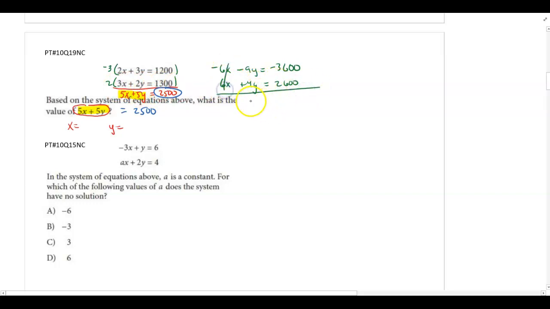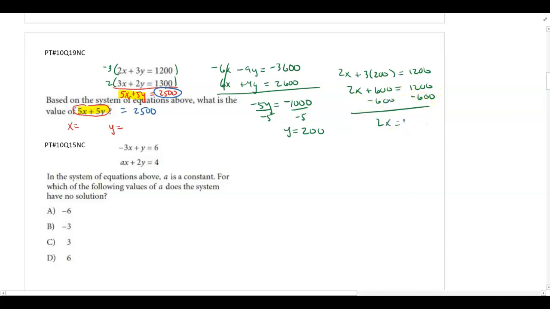So right away, the x's eliminate. -5y equals -1,000. When I divide by -5, I get y is equal to 200. And if I plug that into either one of the equations, 2x plus 3 times 200 equals 1,200. 2x plus 600 equals 1,200. Subtract 600. 2x equals 600. x equals 300.